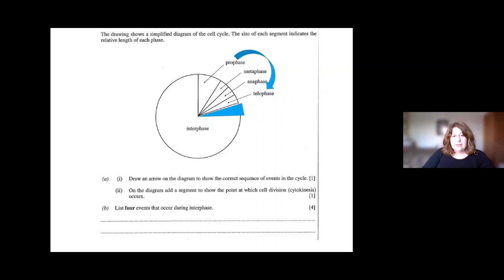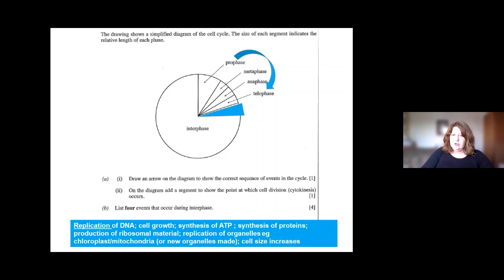And then for events that occur during interphase, well, all of the things I talked about: the DNA replication, the replication of organelles, some organelles made, ribosomal material, ATP. There's a whole host of them there, and if you could learn them, it is quite a common question: what happens during interphase? So there they are for you. Okay, so that's one question.